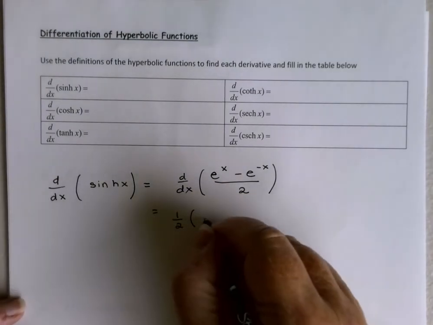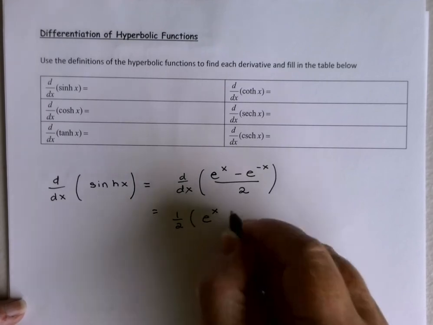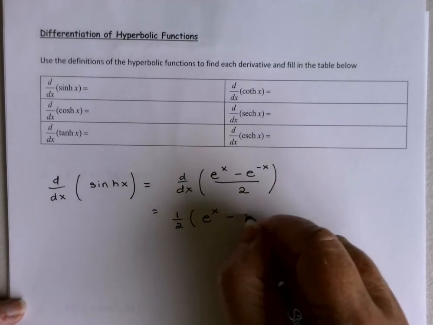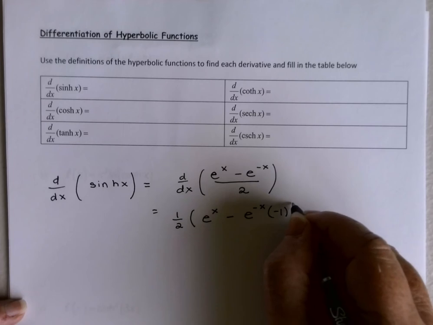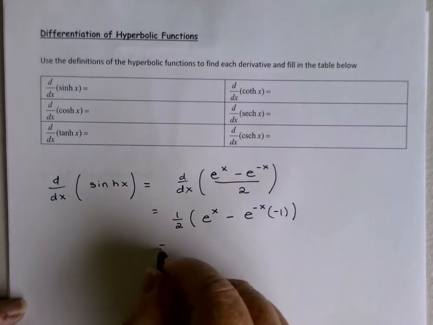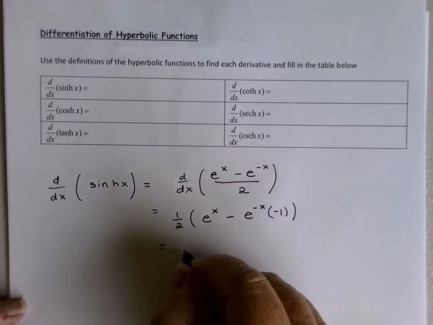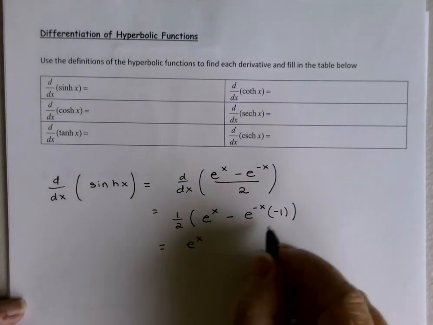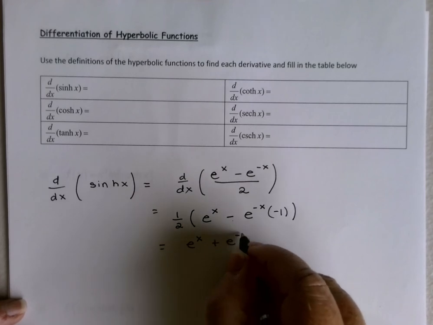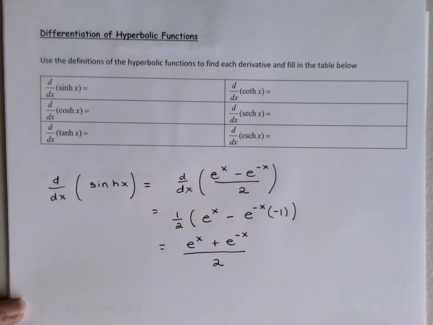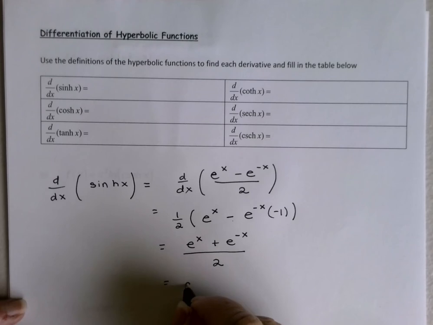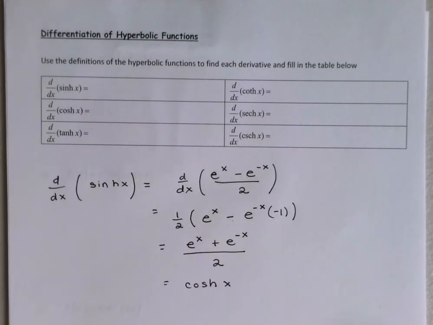And then the derivative of e to the x is e to the x minus the derivative of e to the minus x, which is itself, and then times a -1 for the chain rule. And that's going to give me e to the x minus a negative is plus e to the minus x over 2. And that is indeed just the definition of the hyperbolic cosine of x.